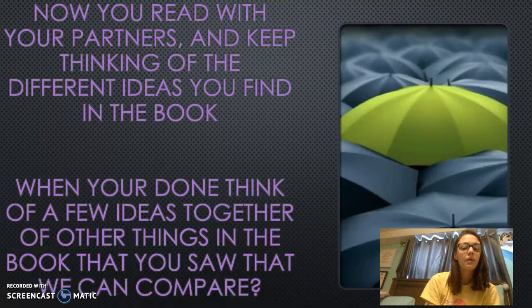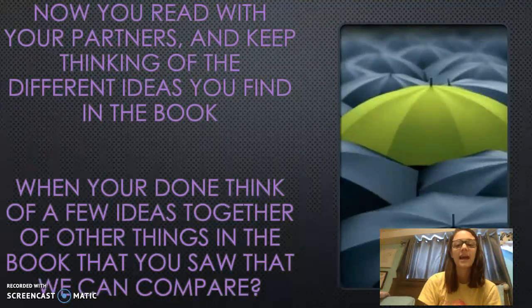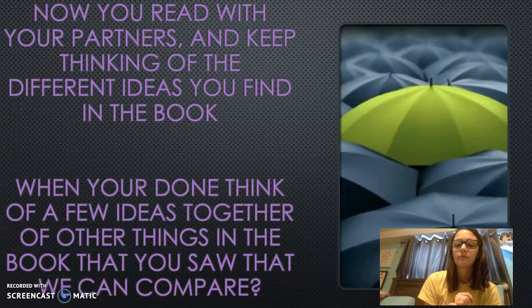Now that we came up with some different things about football in America and football in some other countries, we are going to read the rest of the story, or you guys are going to read the rest of the story with your reading buddies. And we're going to think of some things that are the same and some things that are different with the rest of the book.